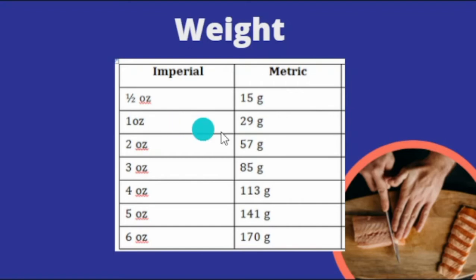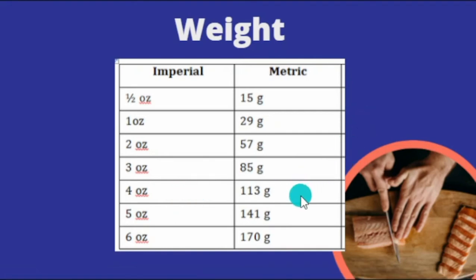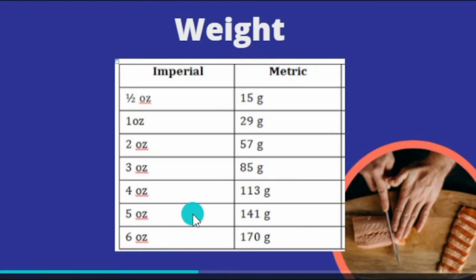1 ounce is 29 grams. 2 ounces is 57 grams. 3 ounces is equivalent to 85 grams. 4 ounces is equivalent to 113 grams. 5 ounces is equivalent to 141 grams.